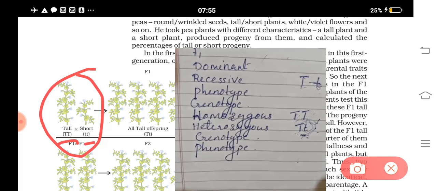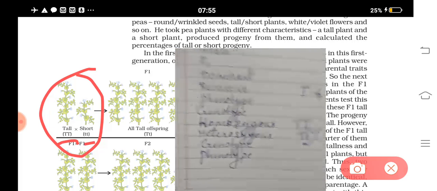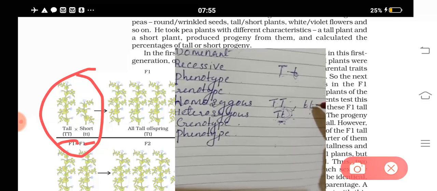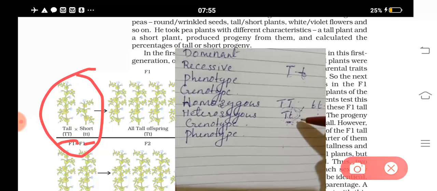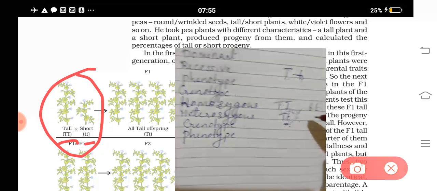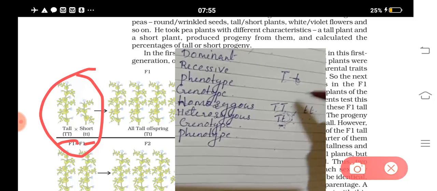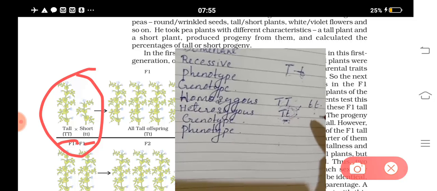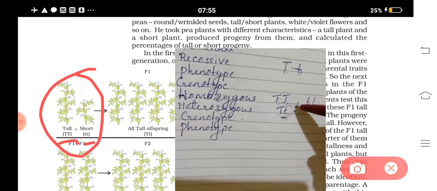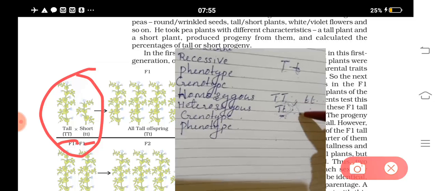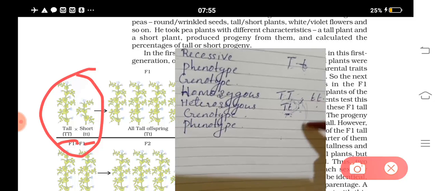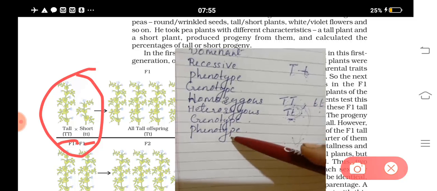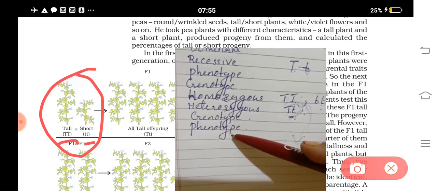So the conditions I told you, capital T, small t, and capital T small t, are all the allelic combinations in their genome. And this genome produces certain external characters. That external character is known as the phenotype.